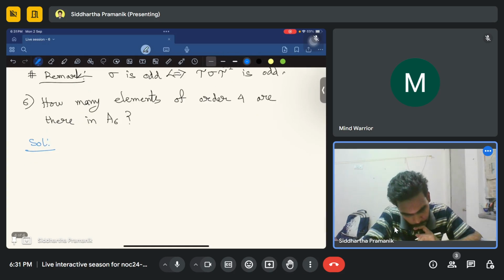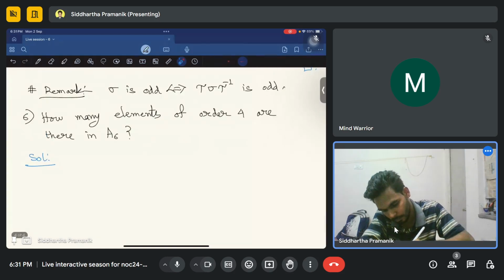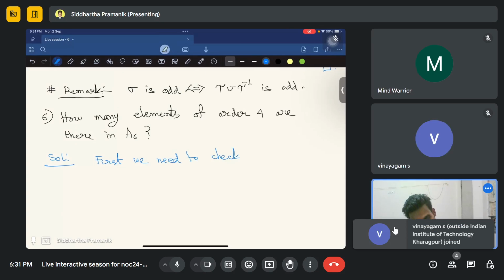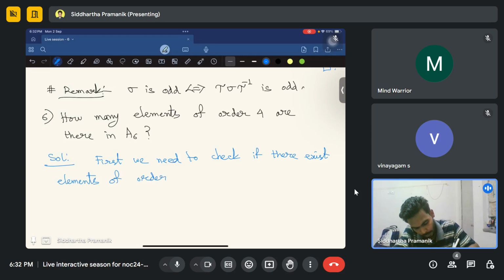So what is the starting point of this problem? First of all, we need to check if there exist elements of order 4 in A6 or not.